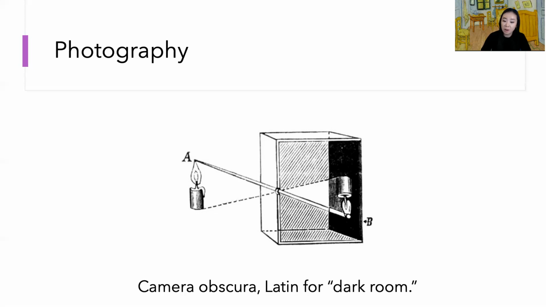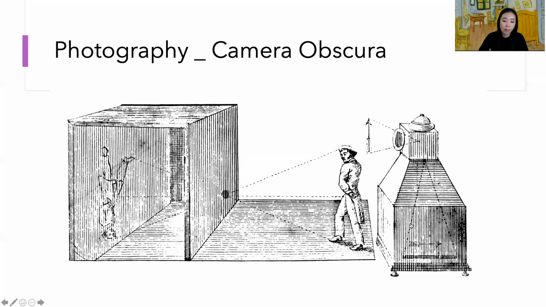But it was not until the Renaissance that a practical device was developed to harness those principles. It was known as the camera obscura, Latin for dark room. With the development of lenses during the 16th century, the camera obscura could be made to focus the image it projected.